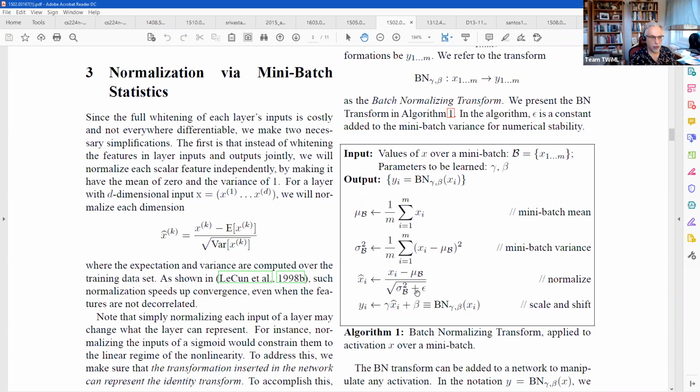The input x's are positive because they've had the ReLU activation applied. But after this, normalizing doesn't put them between 0 and 1, right?